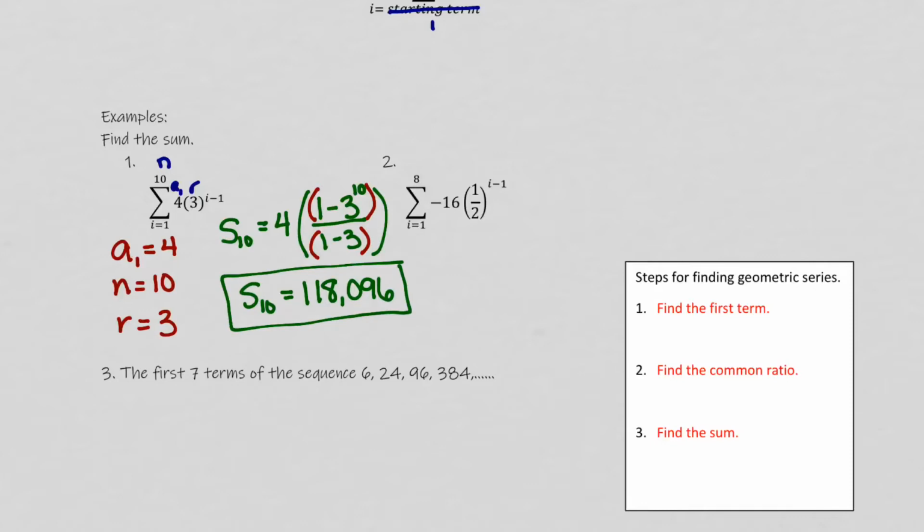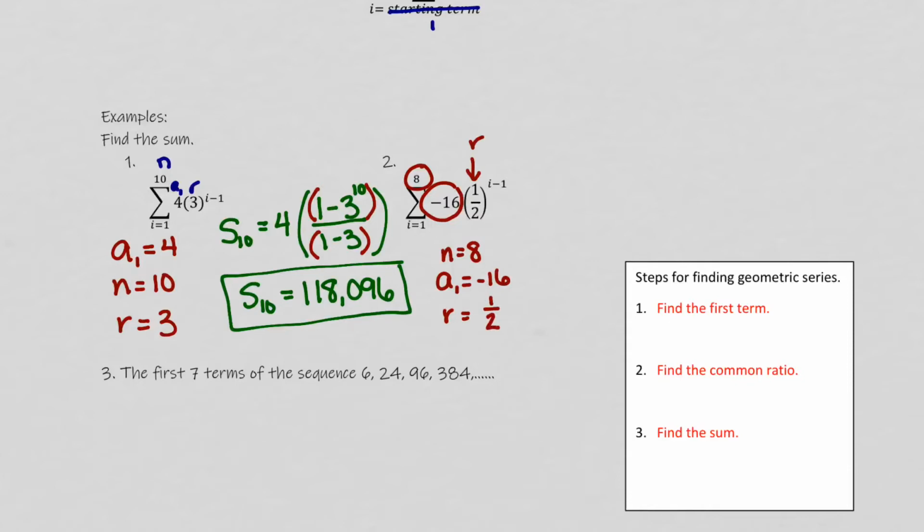Okay, so number 2, same thing. We're going to need our n, which is right there. So n is 8. A1 right there is negative 16. And then that is R, which is 1/2.